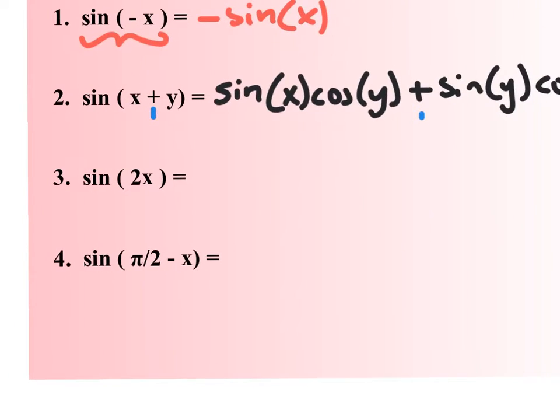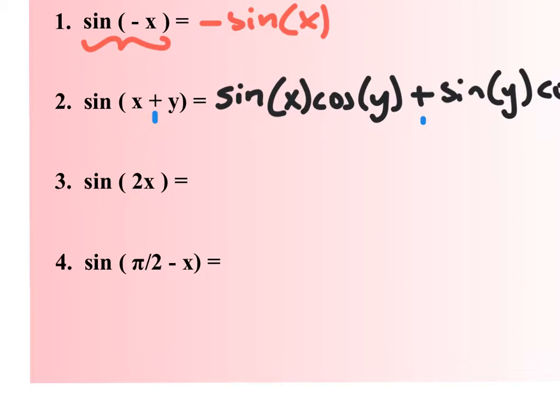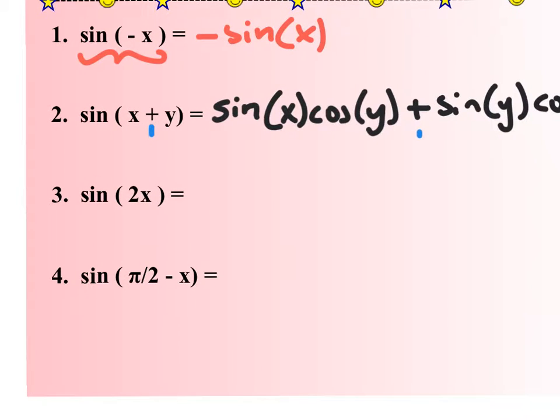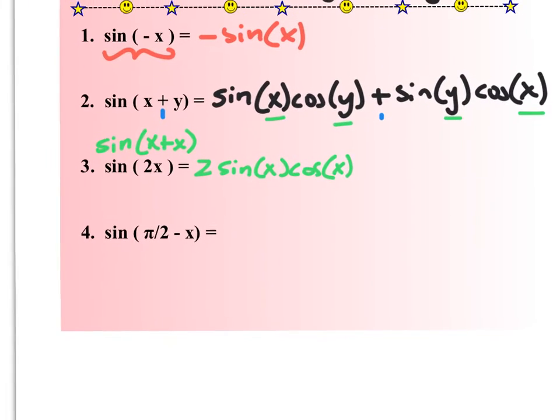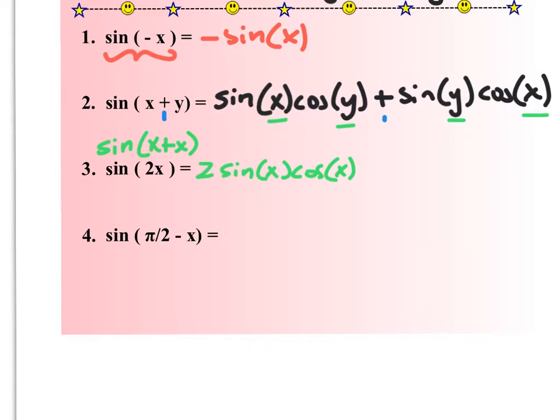Alright, double angle for sine would be sine of x plus x, which gives sine of x cosine of x plus sine of x cosine of x, which is 2 sine x cosine x. That's the double angle identity for sine, and as you can probably predict, the sine of pi over 2 minus x is going to be the cosine of x. Just some shortcut identities available to you.